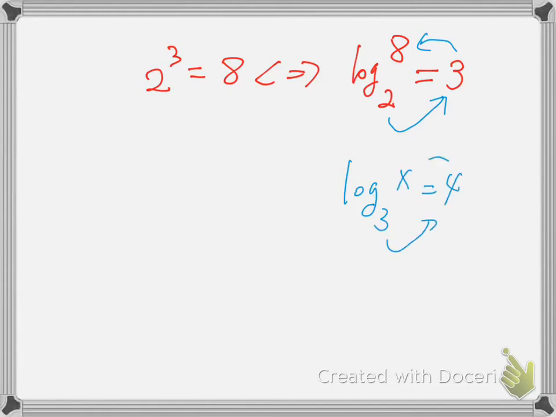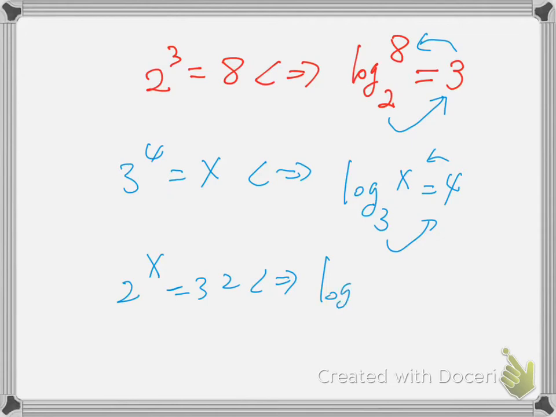Then we write it this way, so that means 3 to the 4th power is x. And the last one, 2 to the x is 32, so you write on the log. So here is the base, so this is 2. Here is the exponent, so this is x. And then the power 32 is inside. So log 2 of 32 is x. We just change these two forms from one to the other.